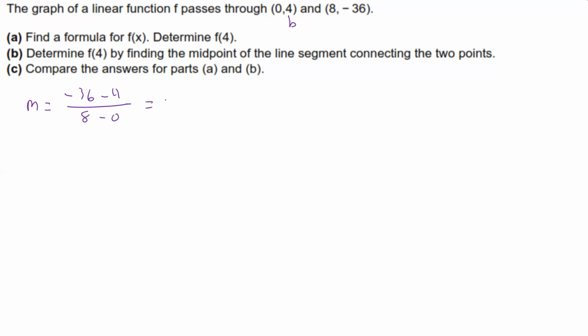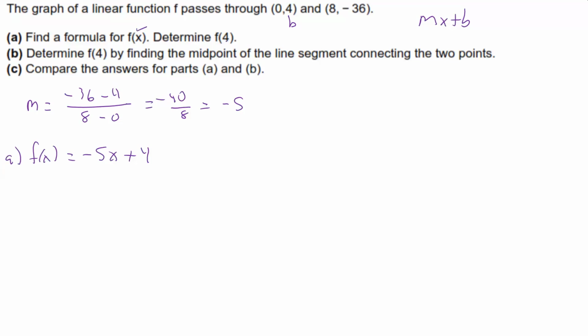So that's going to be minus 40 over 8. So that's going to be what? A minus 5. So now we get the function f of x equals minus 5, which is our m, because remember it's mx plus b. So minus 5x, and our b is 4. And so that is going to be part A, first piece.